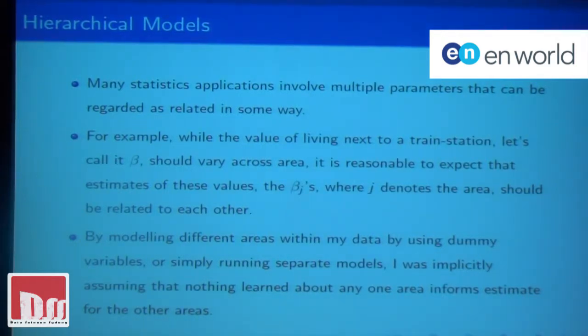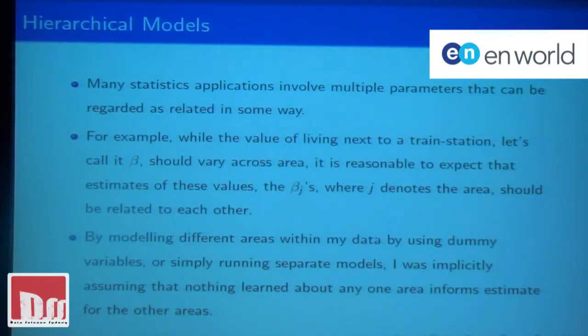While the value is going to vary by area, we can safely assume, I believe, that those coefficients or estimates come from a similar master distribution. It's not just the value of living next to a train station, but also the mean price itself. While the mean price is going to vary from postcode to postcode, it's safe to assume they probably come from a similar distribution, and that distribution will probably represent Sydney quite well.